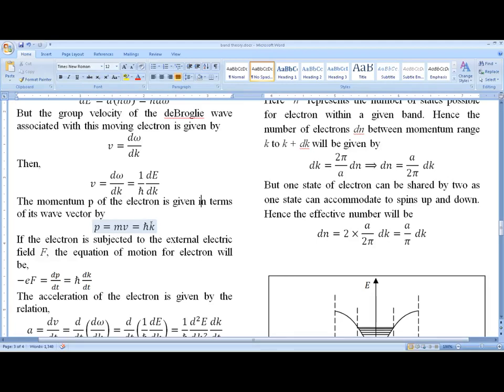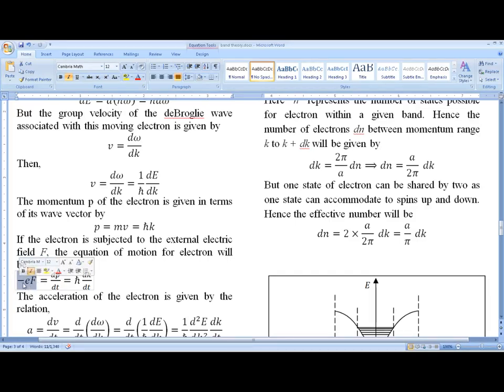If this electron is subjected to some electric field, as E is reserved for energy in this case, we are calling the electric field by letter F. We cannot use E here to avoid confusion. So if electric field F is applied on this electron from outside, it experiences a force of minus eF, charge times electric field, where the electron charge is negative.